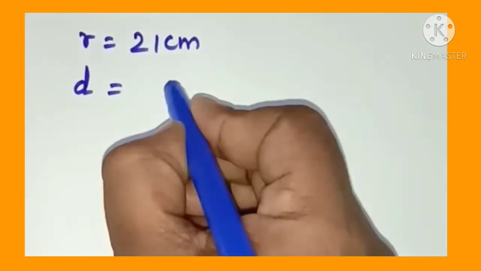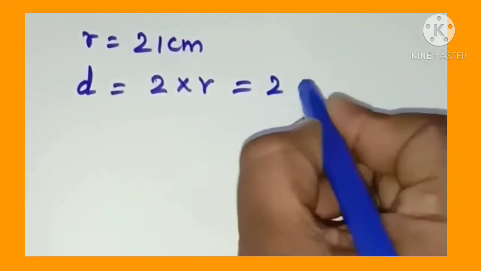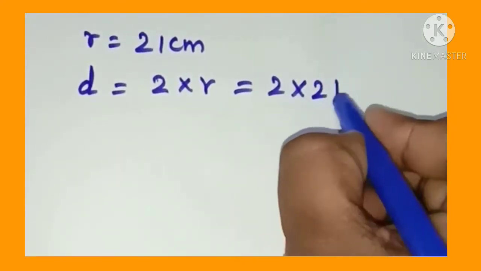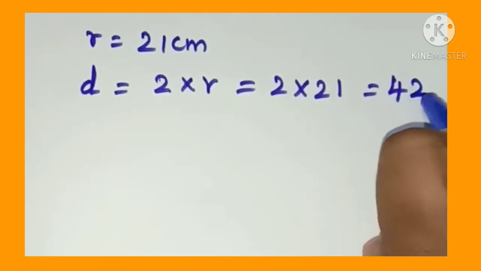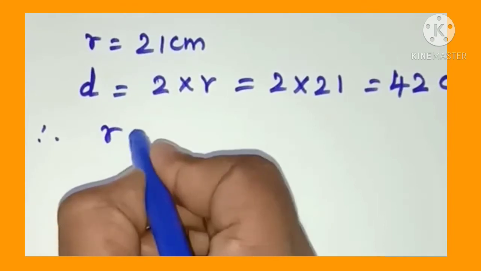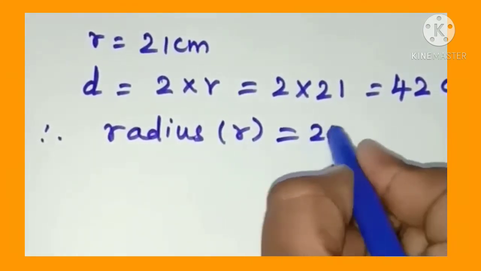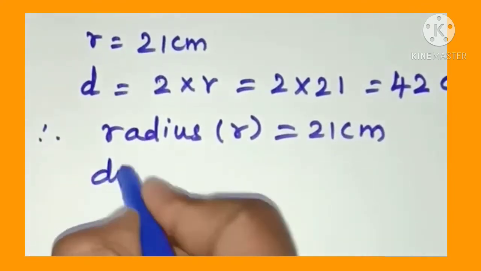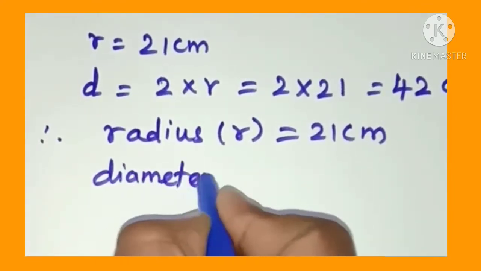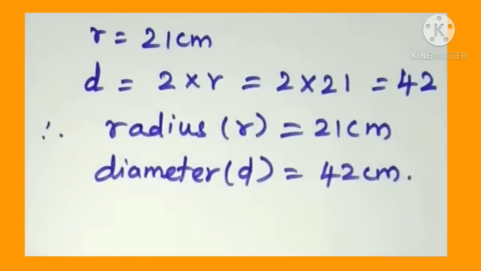Diameter is nothing but 2 times the radius. So 2 into 21 is 42. The unit is centimeter. So radius r is equal to 21 centimeter, and diameter d is equal to 42 centimeter.